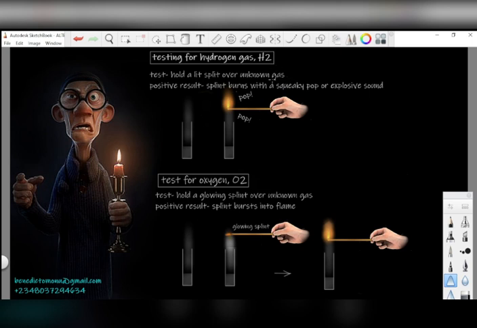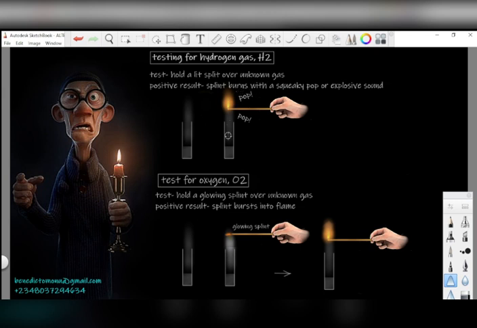Let's look at hydrogen. Now you have an unknown gas. You don't know what the gas is, but you want to check, could this gas be hydrogen? You can only do one thing to test a gas if it is hydrogen. You hold a lit splint over the unknown gas. A lit splint is a piece of wood very much like this that is on fire. It's been lit, so it has flame on it.